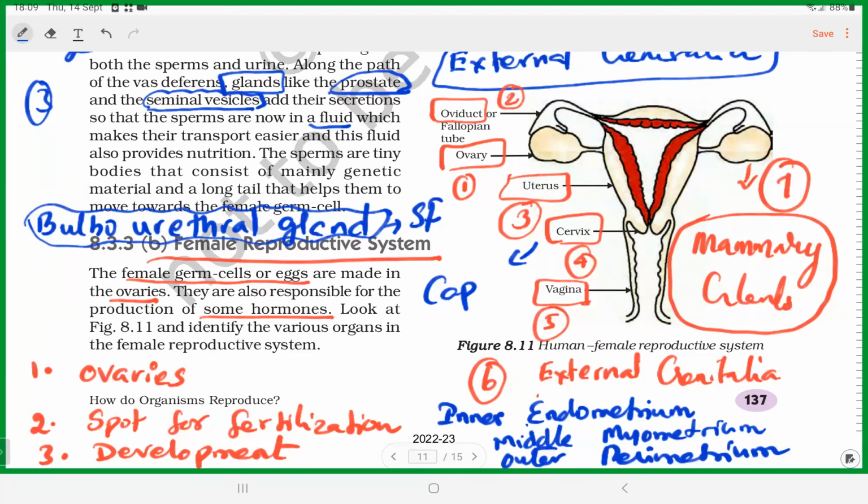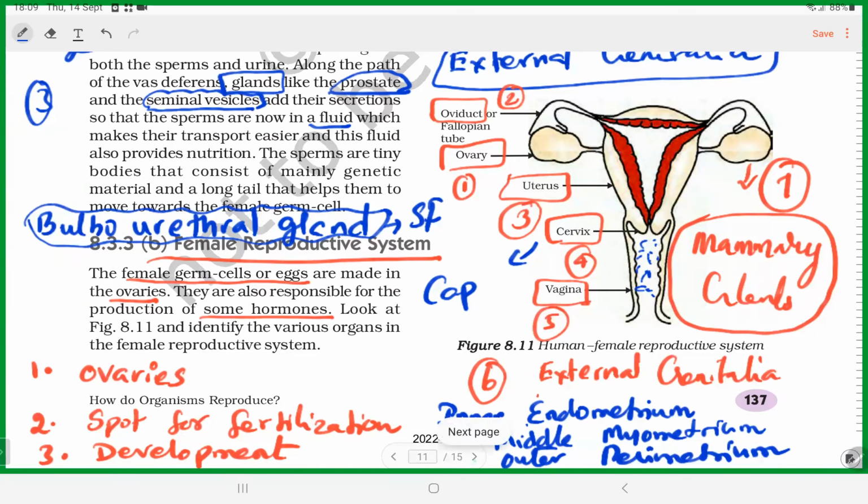The vagina receives the sperms from the male partner, the seminal fluid, and serves as a birth canal. Only sperm cells can pass through. Very good, the vagina is the copulatory organ. Now the external genitalia, the vulva.